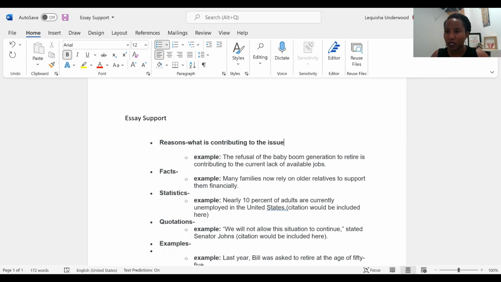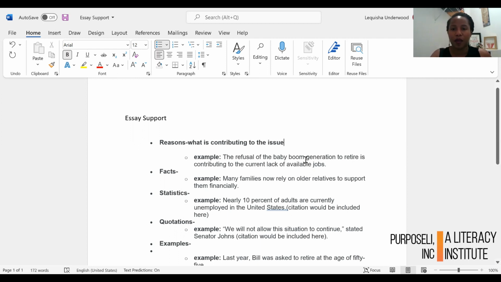An example of a reason would be the refusal of the baby boom generation to retire is contributing to the current lack of available jobs. So we know the issue is available jobs. And what does someone feel the reason or logic behind why that's happening? It's the baby boomer generation refusing to retire. So those are the connections upon reasoning that are being used to support the issue.